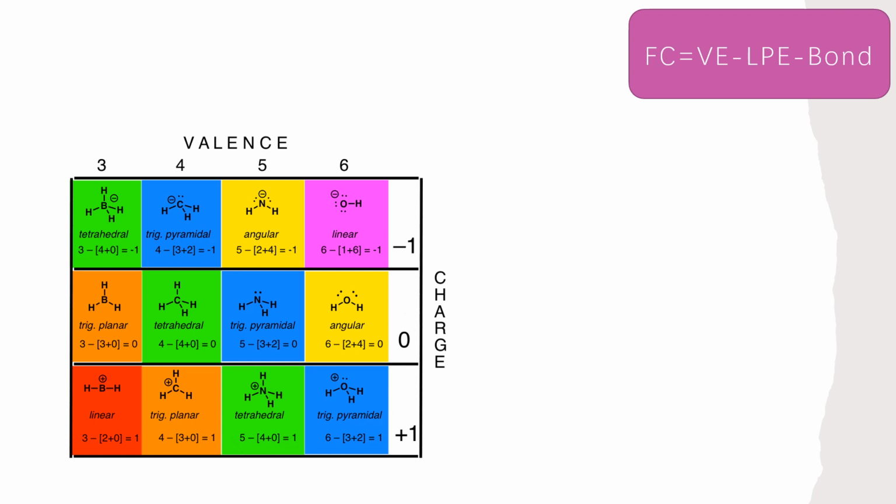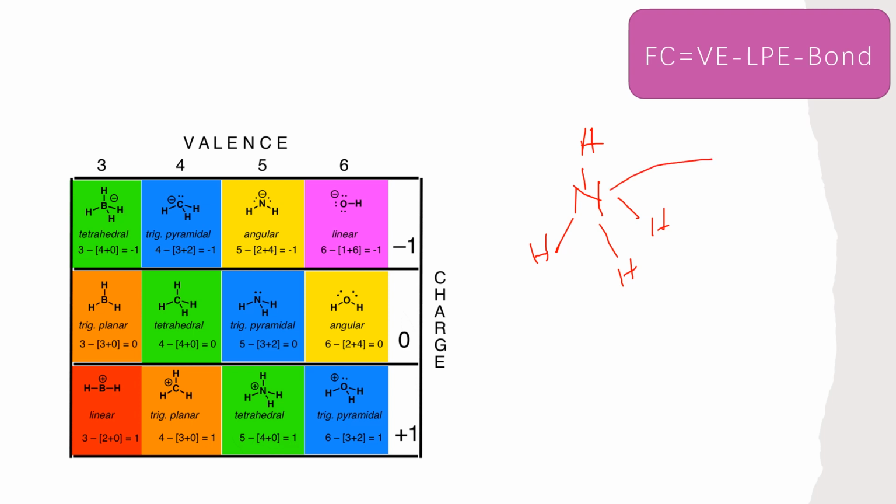This is a tetrahedral ammonium. Ammonium is also tetrahedral, a well-known ion. For example, ammonium sulfate. So hydrogen, hydrogen, hydrogen, hydrogen. So what we can do, hydrogen is always zero formal charge.